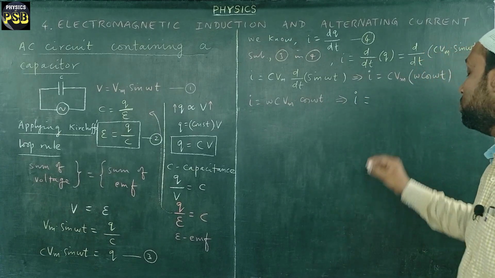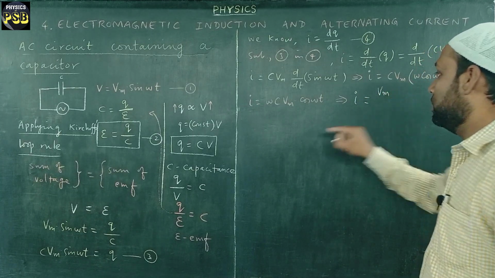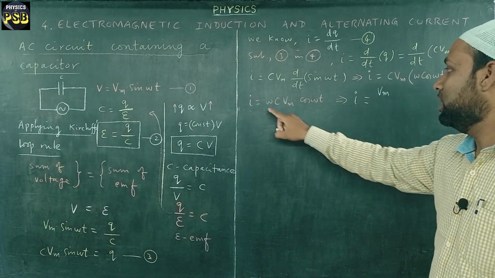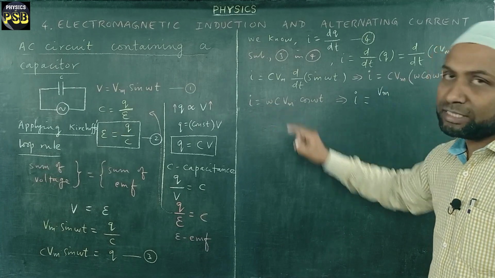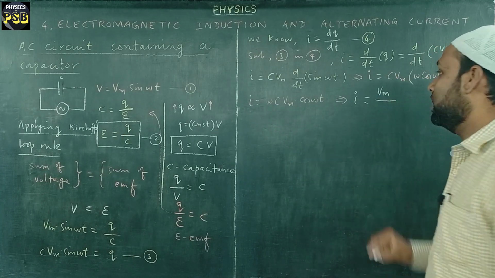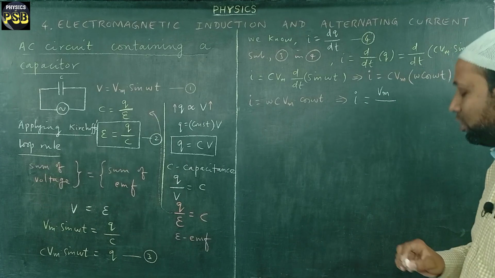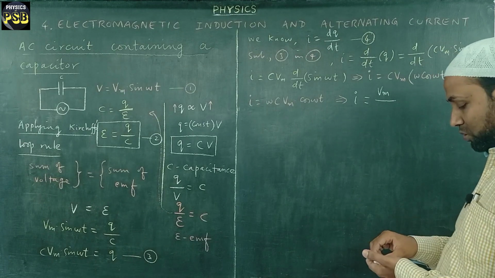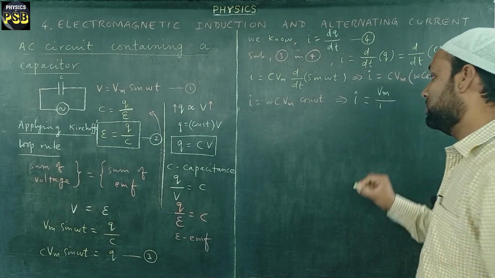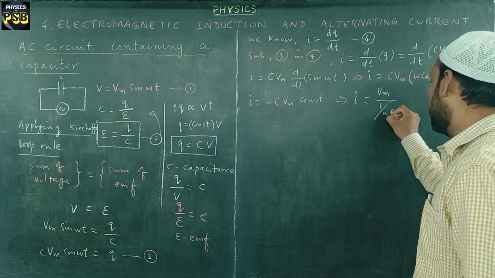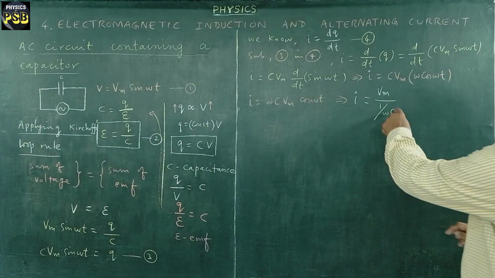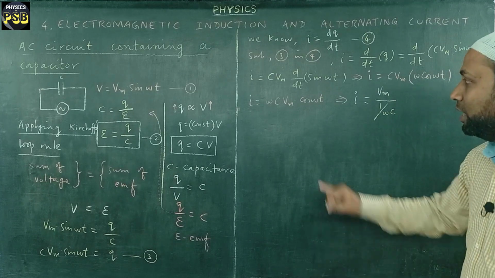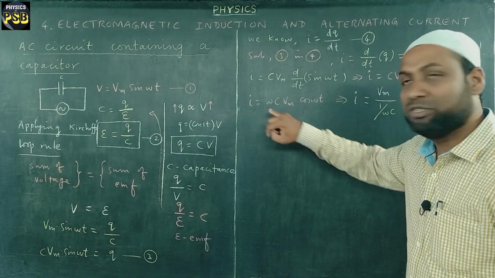I becomes equal to Vm, now written as such. Then I take omega C to the denominator to keep the value unchanged. So I write it like this: 1 upon omega C. Now when this term is taken to the numerator, I obtain this value.